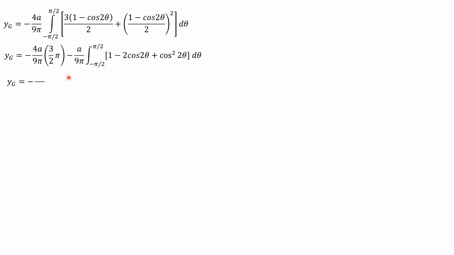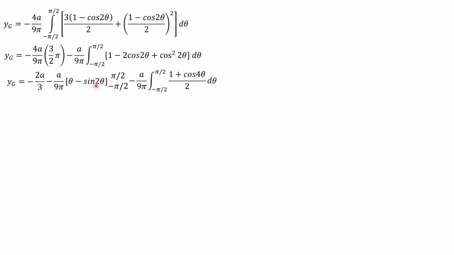So yg is negative 2/3 of a. Then minus a over 9 pi times quantity theta minus sine 2 theta over 2, then cancel 2, so minus sine 2 theta from negative pi over 2 to pi over 2, then plus, or negative a over 9 pi, so minus a over 9 pi integral from negative pi over 2 to pi over 2, 1 plus cosine 4 theta over 2 d theta.